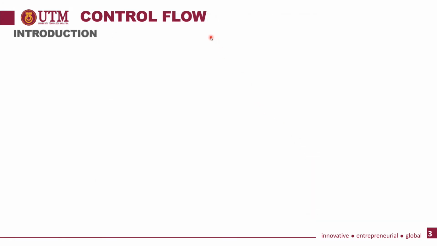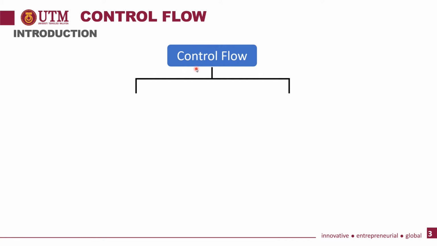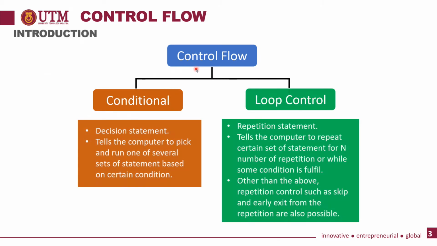All right, so let's start with the control flow. What are the types of control flow? Control flow can be divided into two: the first one is the conditional, and the second one is the loop control. The conditional control flow is related to a decision statement.